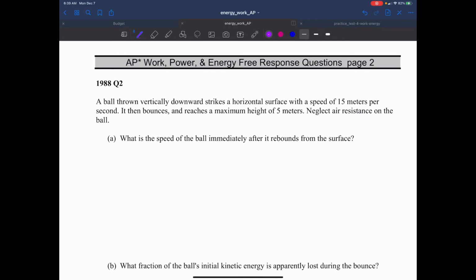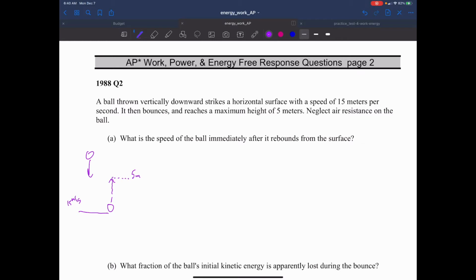Okay, so let's imagine what's happening here. It strikes the surface at 15 meters per second, but it bounces up only 5 meters. So the first thing we have to think about is that this question implies some energy loss.